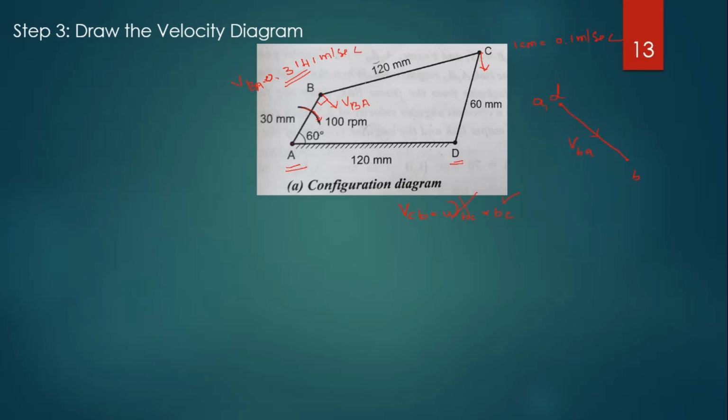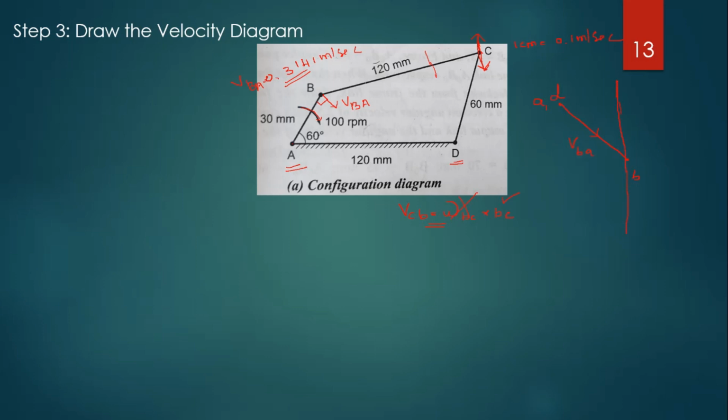So we can't calculate the velocity of C with respect to B, but we know its direction is perpendicular to the link, though we don't know which side, either this side or that side. So from point B we draw a line perpendicular to this link BC, right?